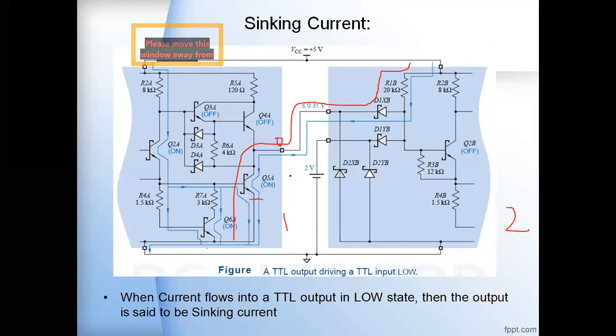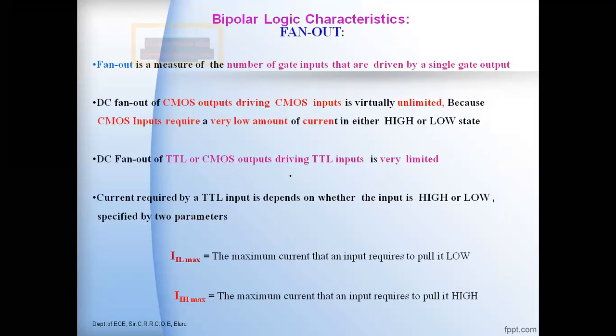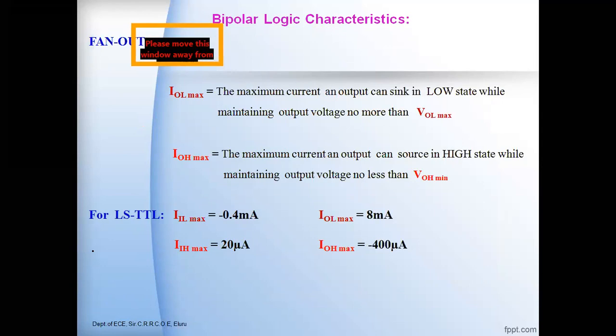So why I am stressing on these two, the sinking current and the sourcing current? Whatever parameters we have stated here, the IIL maximum, IIH maximum, IOL and IOH, these four parameters can be easily understood from the sourcing current and sinking current concept here.